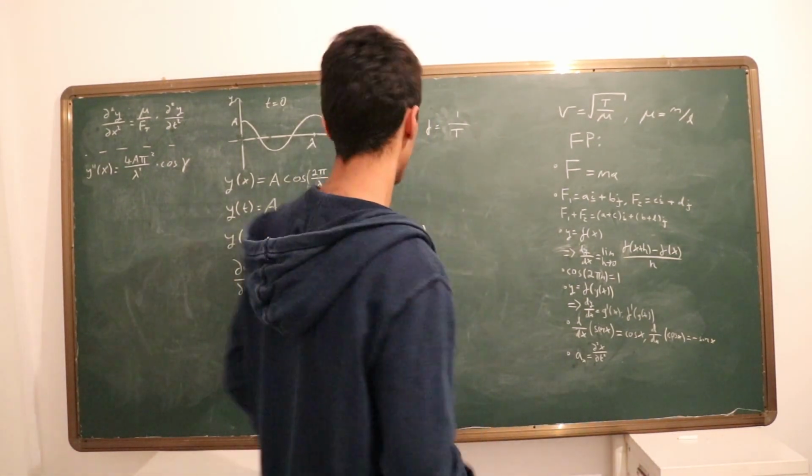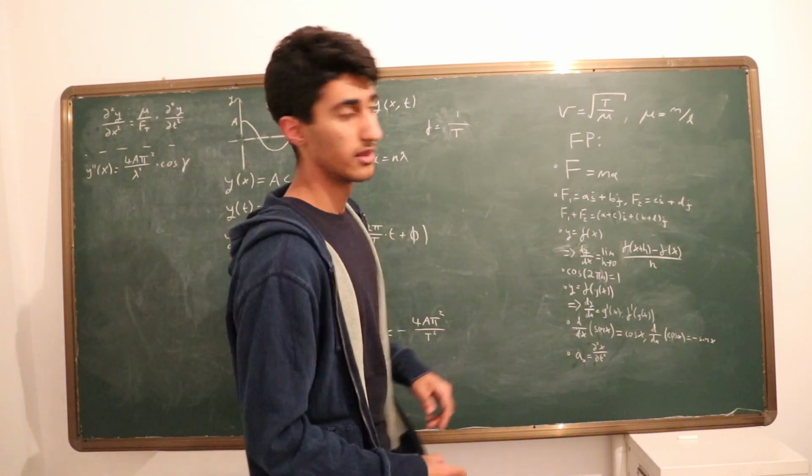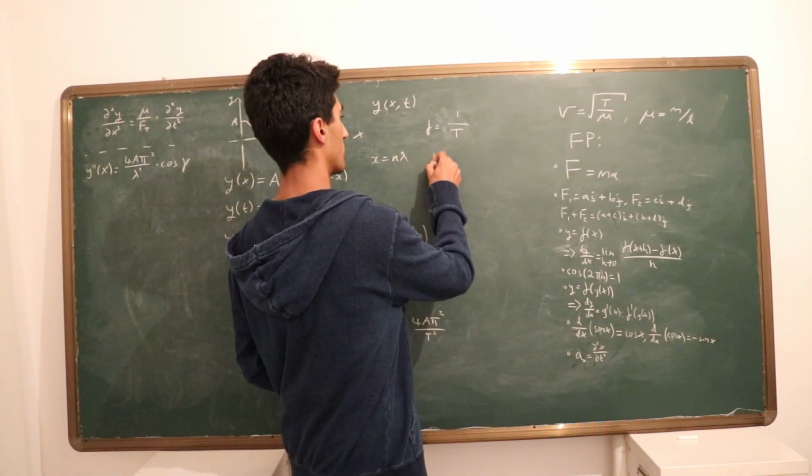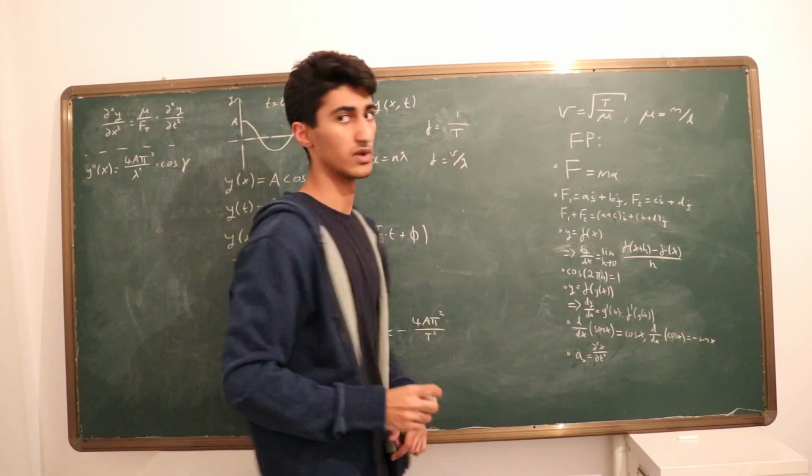So frequency is 1 over t. Anyway, we also know that frequency is equal to the velocity of a wave over its wavelength.